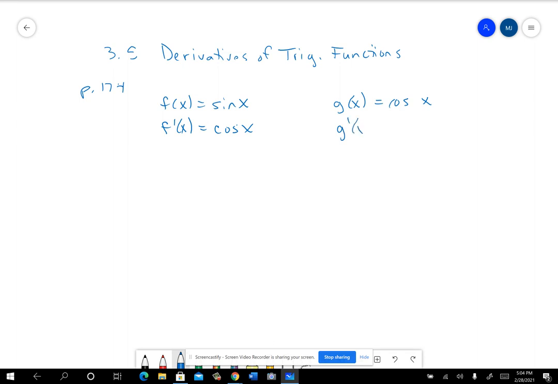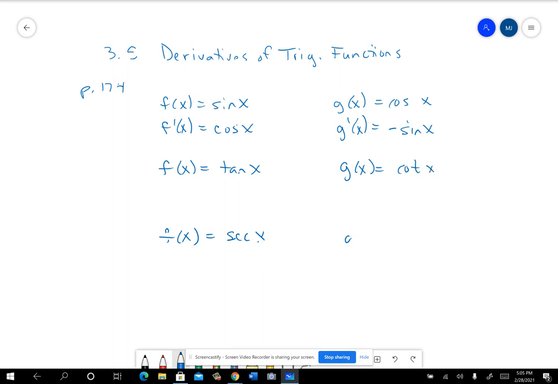The derivative of cosine equals negative sine. Then they give you what happens if you have a tangent, secant, and over here, what happens if you have cotangent and cosecant.